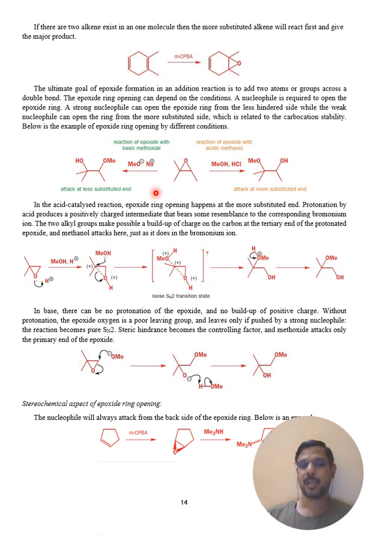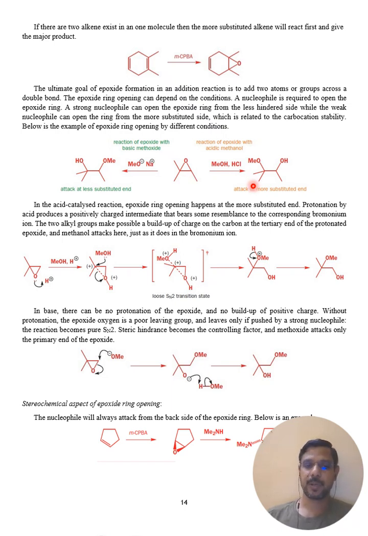Okay. And here is another example, the epoxide ring opening. So you take an unsymmetrical double bond and epoxidize it. So you get an epoxide here, and then now you add a nucleophile.